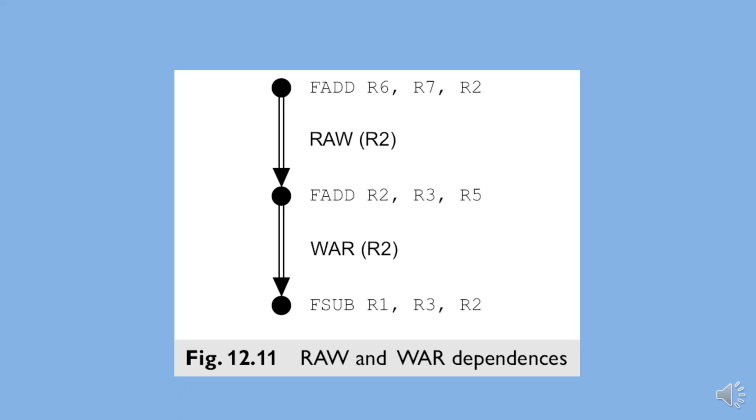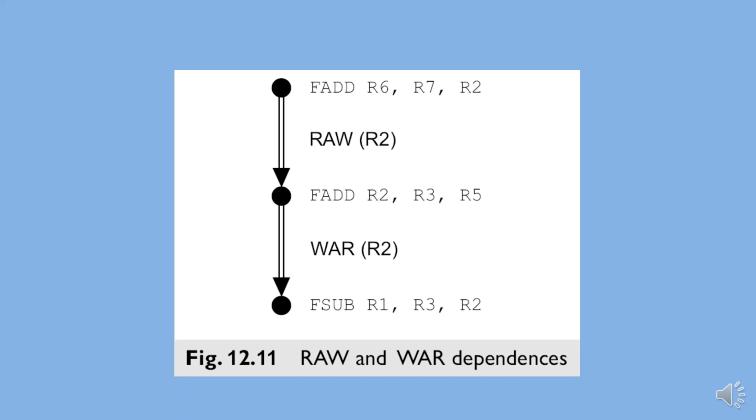The WAR dependence between the second F add and F sub is removed, but the RAW dependence between the two F add instructions is respected via xm.